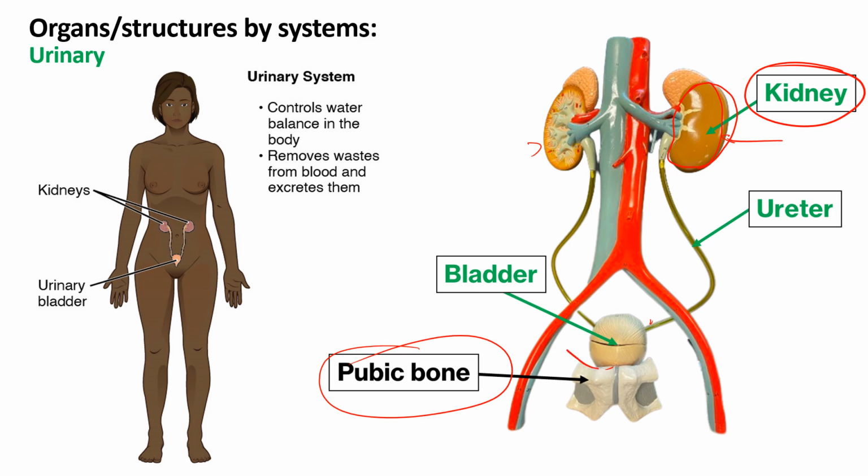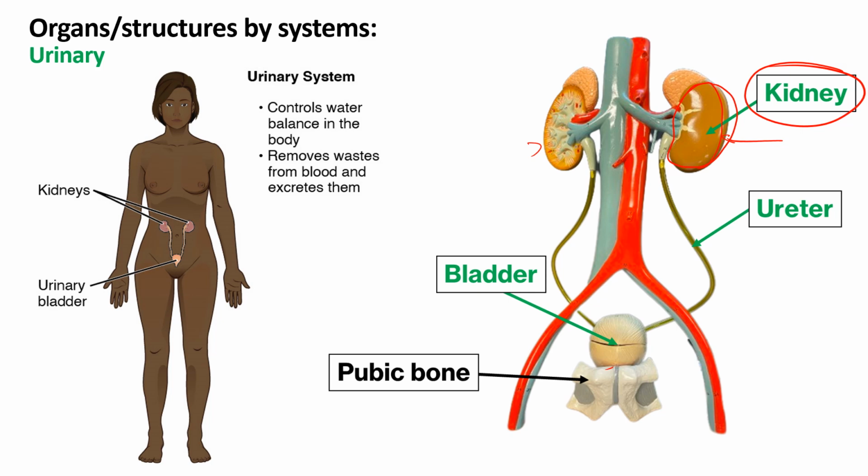So the pubis is this bone here. If I want to keep drawing here, we're going to have at some point the large ilium and then the ischium. It's just that in anatomy, sometimes we cannot represent the entire bones, but you should be able to recognize that this is just a little portion of that pubis bone.